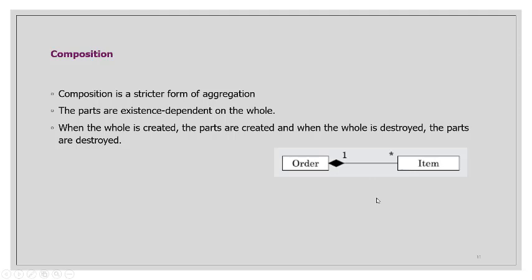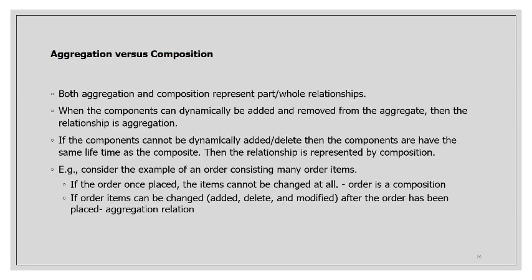It will be a composition only if there is a constraint that you cannot add, delete or modify the items dynamically within a single order. If you need to add more items, then you have to delete the order and reorder all the items. So in that case, it is a composition.